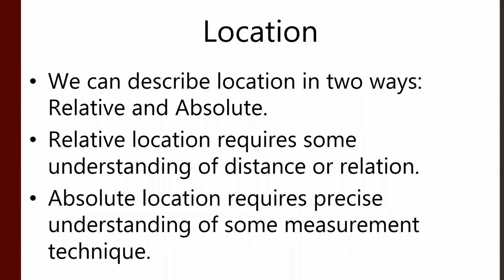Absolute location requires some kind of precise understanding of a measurement technique, or requires a precise set of coordinates, or it requires a rigorously defined definition of something, which we can then use to relate to our coordinate system in general, our measurements in general.